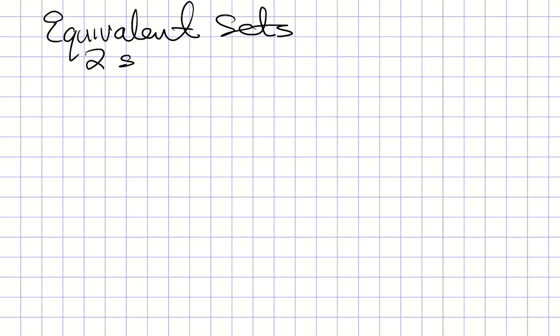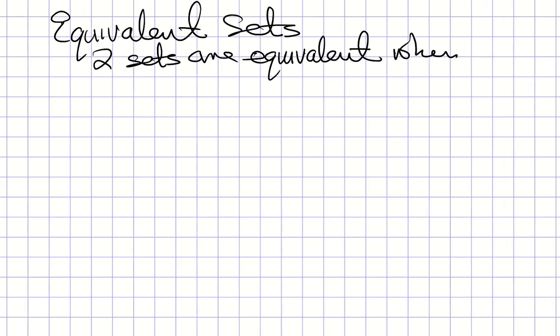So let's do another set that goes together with the equal set. It's called equivalent sets. So two sets are equivalent when they contain the same number of elements.